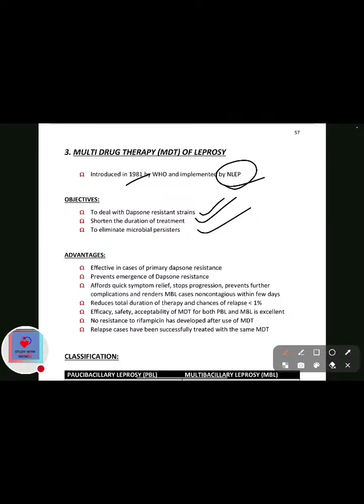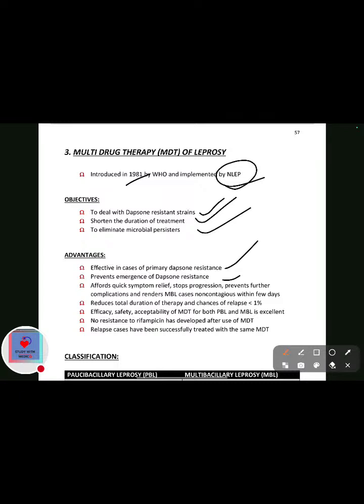Advantages: effective in cases of primary dapsone resistance, prevents emergence of dapsone resistance, affords quick symptom relief, stops progression, prevents further complications, and makes MB cases non-contagious within a few days. It reduces the total duration of therapy, and the chance of relapse is less than 1%.